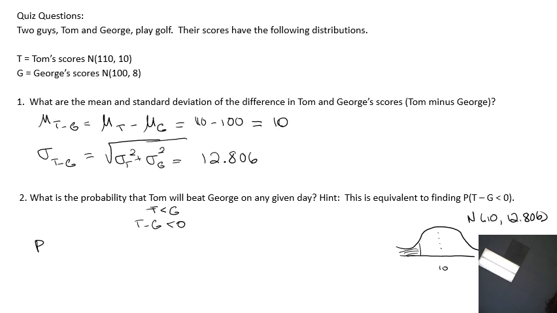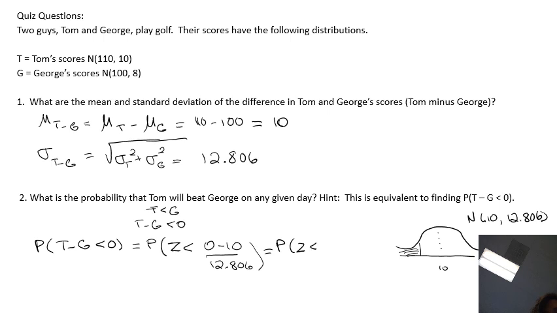So the probability that Tom minus George is less than 0 is equal to the probability that we have a z-score less than 0 minus 10 divided by 12.806.